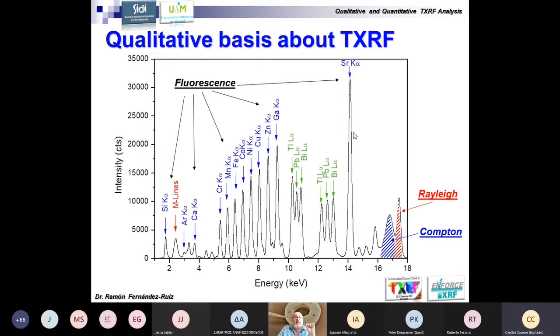It's the well-known Merck 4, which is composed, I remember, of 24 elements with the same concentration, 1000 ppm, and you can see all the fluorescence, K lines, L lines, even M lines, and the Rayleigh associated to the source that we are using for exciting this sample, molybdenum K-alpha, and the Compton associated to this Rayleigh scattering.